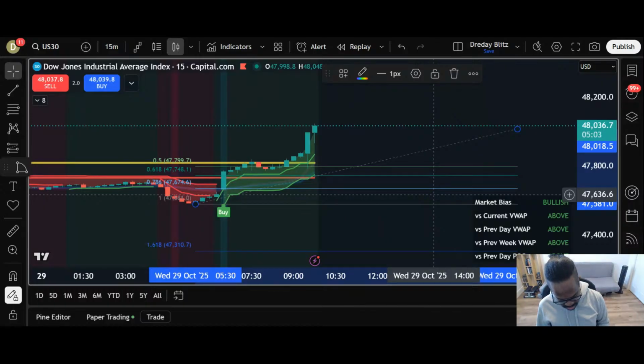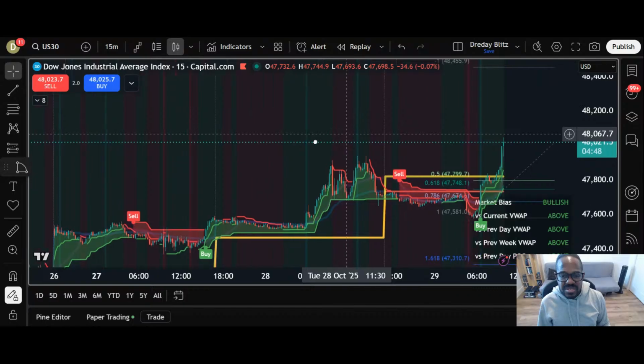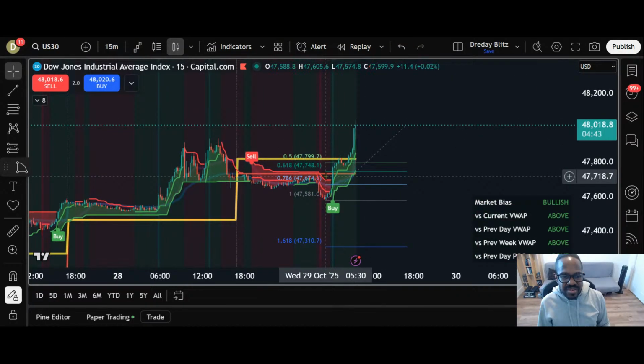That was awesome. That was a good trade here on US30, but the reason why we didn't take it is structure wasn't giving us an entry.